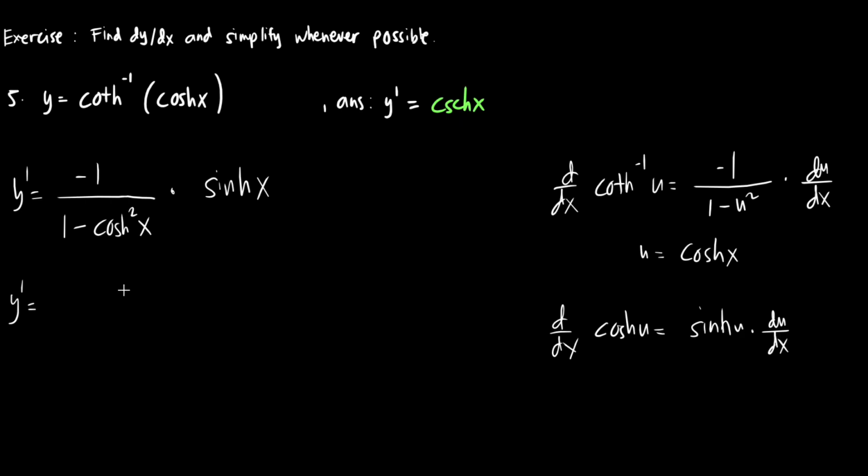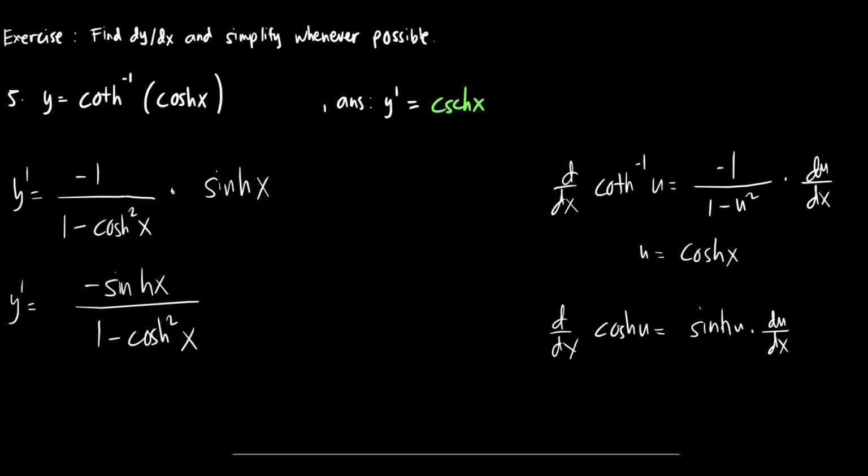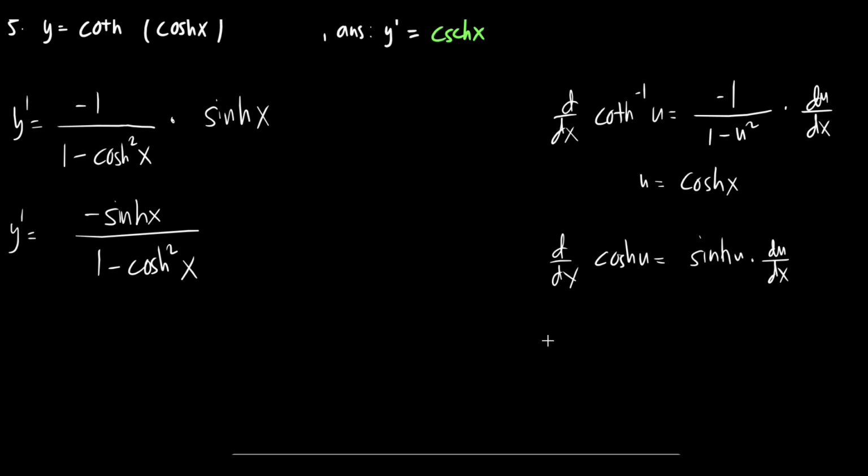So y prime is equal to negative hyperbolic sine x all over 1 minus hyperbolic cosine squared x. Take note of this identity: hyperbolic cosine squared theta minus hyperbolic sine squared theta is equal to 1.